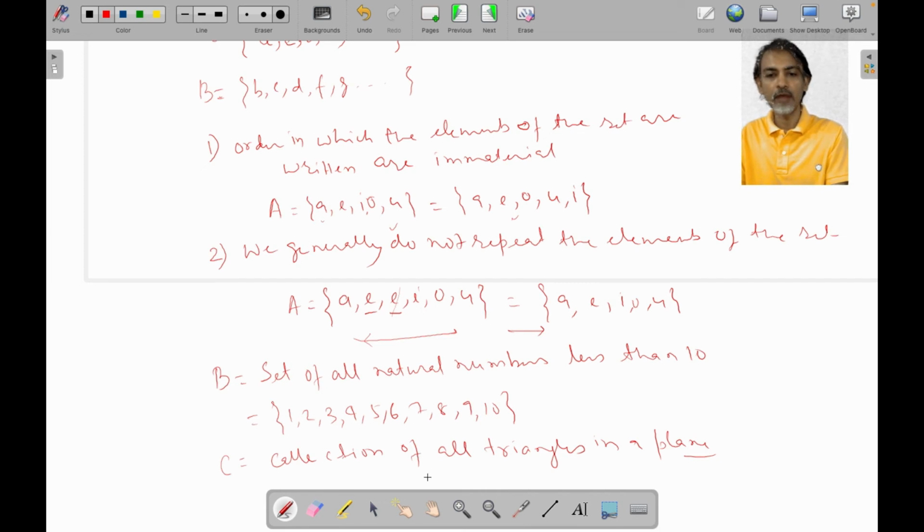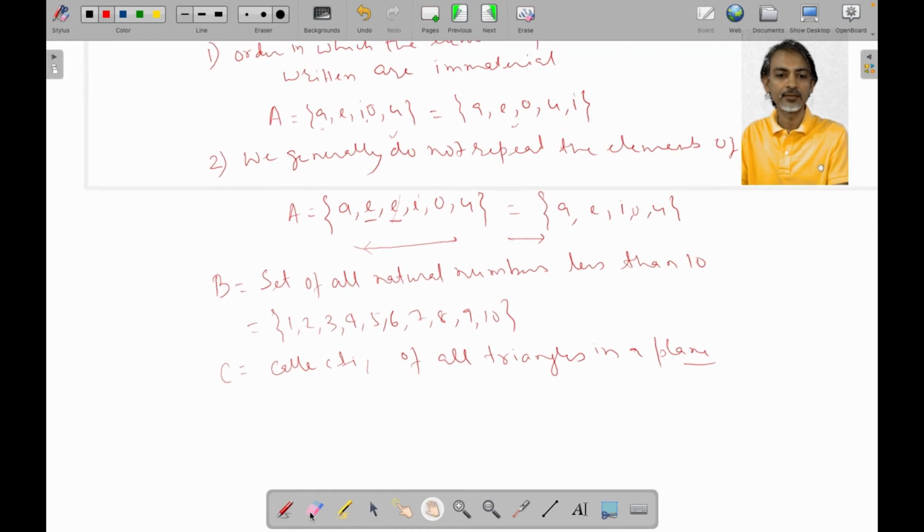And if you have to represent it in this format, you cannot create it like this, right? This is my right angle triangle, this is my equilateral, this is my obtuse angle triangle, and stuff like that. This way it is difficult to represent, because even a right angle triangle can be of multiple varieties.